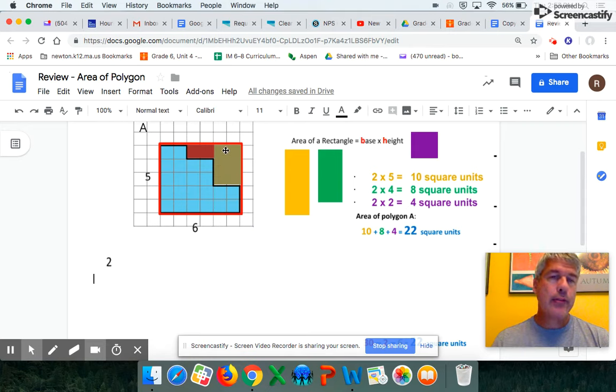And if you subtract the areas of these 2 rectangles from the area of the overall rectangle, so subtract out that space, and you are left with the area of the polygon.